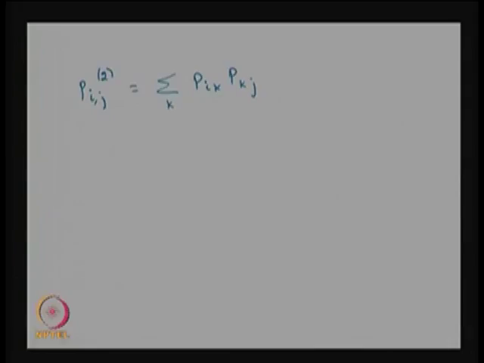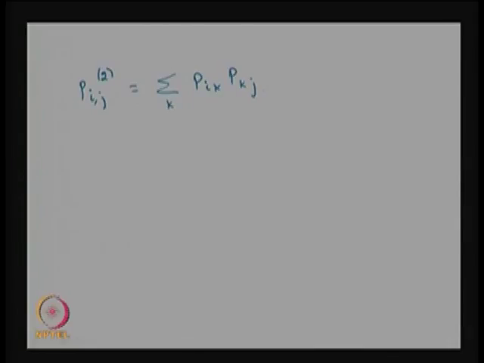Therefore, on the left hand side, the two step transition probability of i to j is the same as the sum over all possible values of k of the one step transition probability of the system moving from i to k and the one step transition probability of k to j. So, this product will give the two step transition probability of the system moving from the state i to j, summed over the possible values of k, as the system moves from the state i to k and k to j.